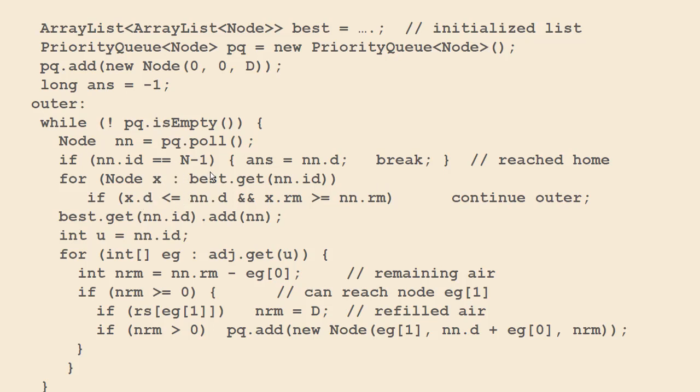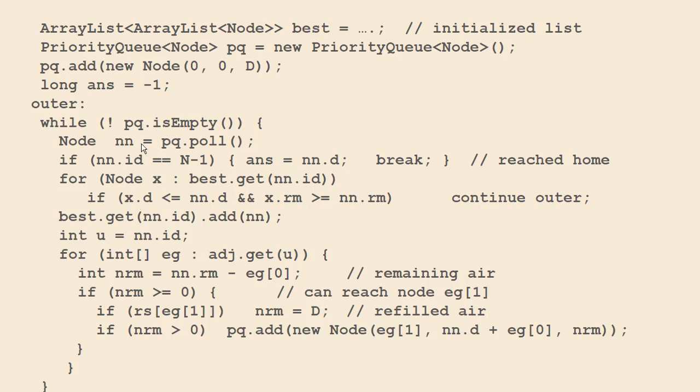For this one, we will check whether there already exists a solution stored here that is strictly better than the solution we just found, which is nn. nn, what we take out from the priority queue, is a new solution, which includes the distance and the amount of air left. These best are all the solutions we have stored for this node. They are the solutions that are not overshadowed by any other strictly better solution.